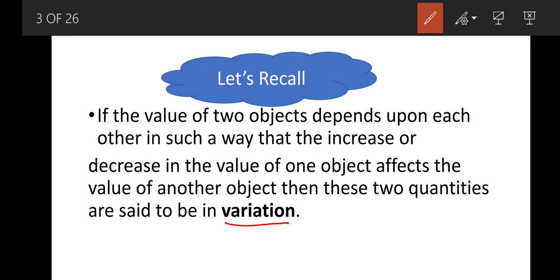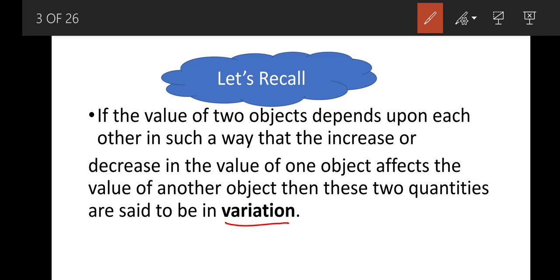For example, if the number of articles purchased increases, the total cost also increases. The number of articles affects the cost. So, when we need to purchase more articles, we need to pay more. Another example can be, as the speed of a vehicle increases, the time taken to cover the same distance decreases.